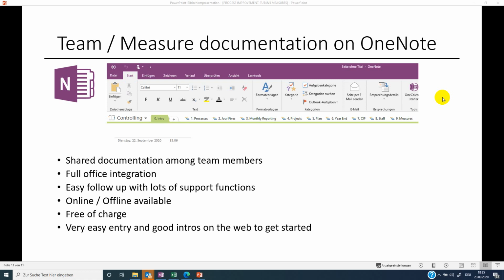And from my perspective, it is simply great because it helps you prepare and look up things for your fixes, get organized within the team, and it also helps you document your steps and so on and so forth. So check it out. It's free of charge. It's available online and offline. I'm absolutely convinced of that tool.